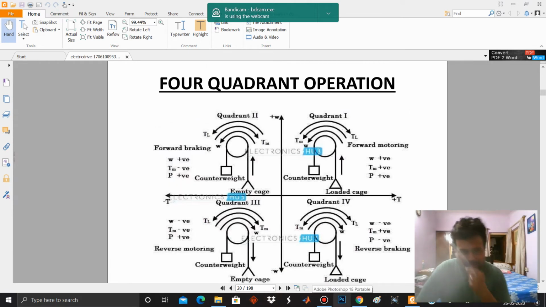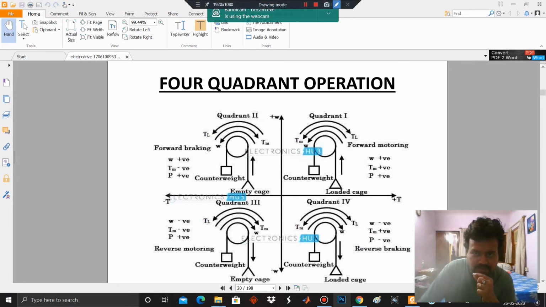Now this is a very elaborate, detailed four-quadrant operation diagram. What is given here is a pulley-belt like arrangement. On one side of the pulley there is a loaded cage. Just observe the first quadrant.